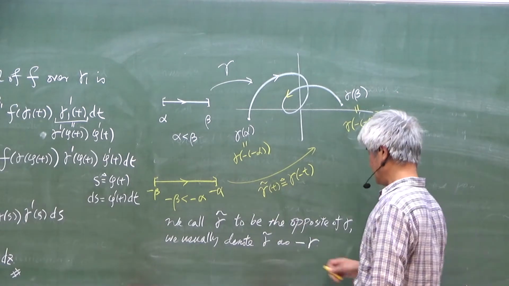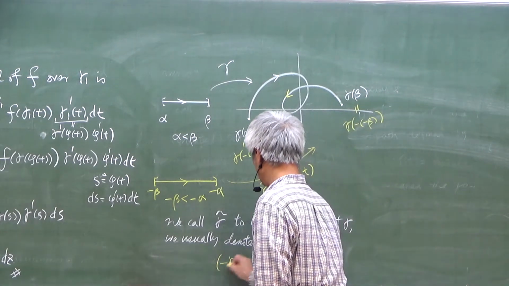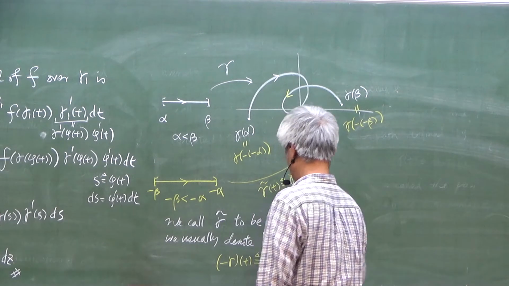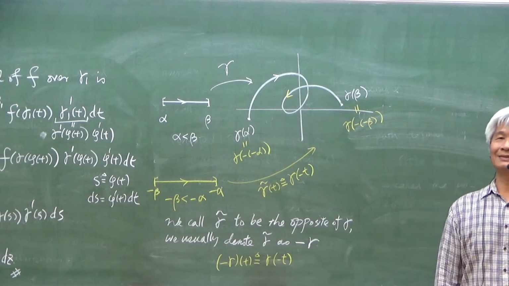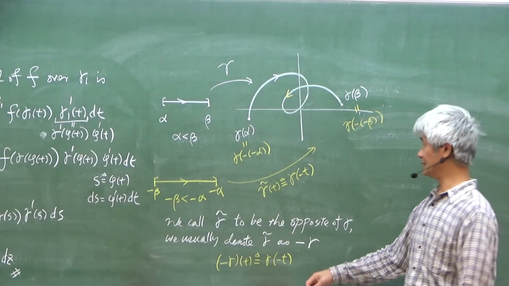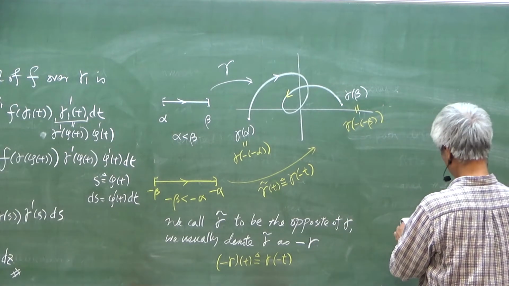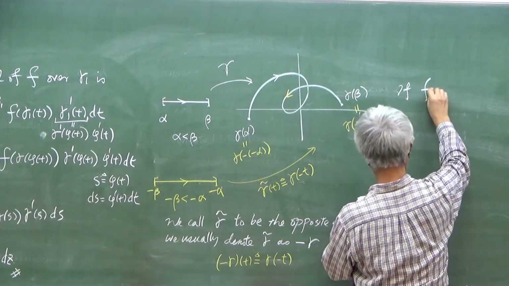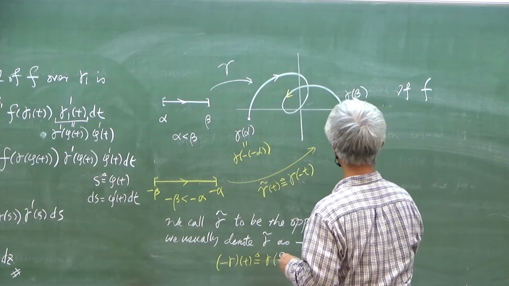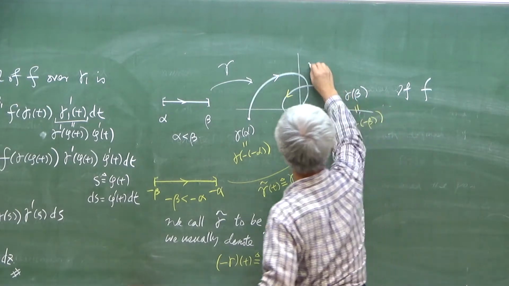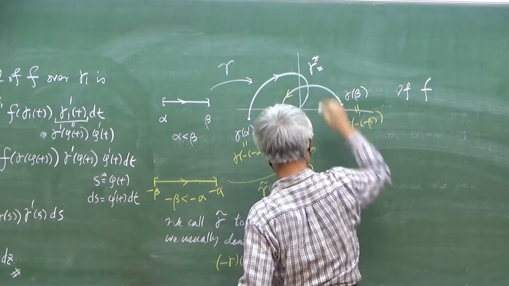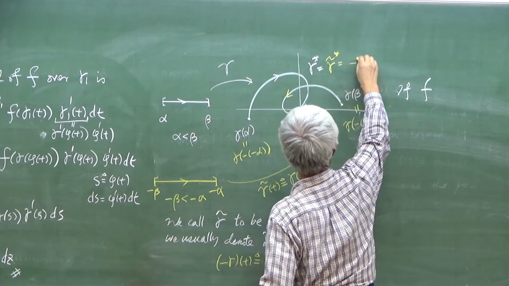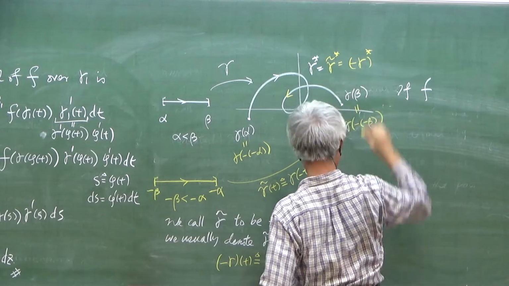So minus gamma of t, what is that? Actually, it's gamma of minus t, just by definition. We know that gamma star is equal to gamma tilde star, which is minus gamma star.